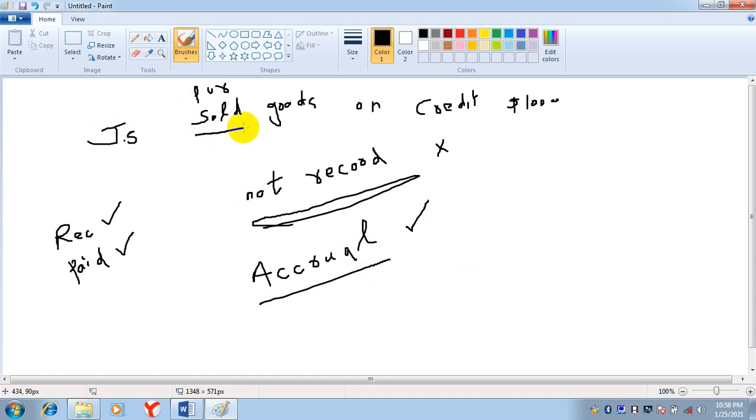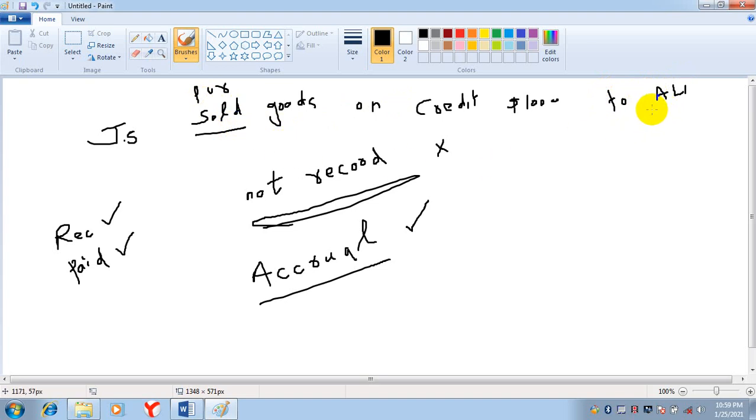When you sold goods on credit and goods are sent to the purchaser, in that case you will record the transaction because the ownership of goods is transferred. Suppose you sold goods on credit $1,000 to Ali. Ali received the goods, so ownership is transferred to Ali. Now we will record this transaction.